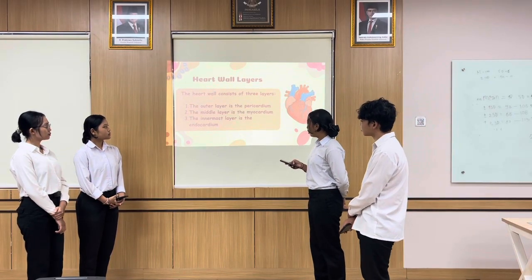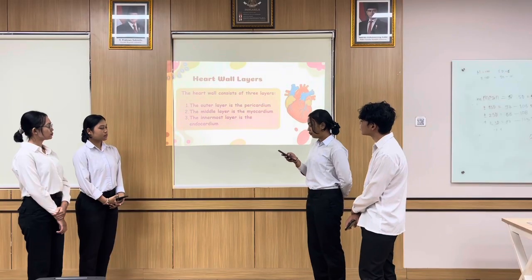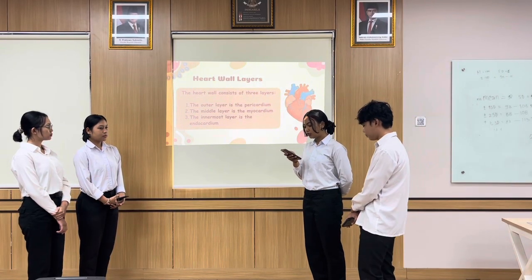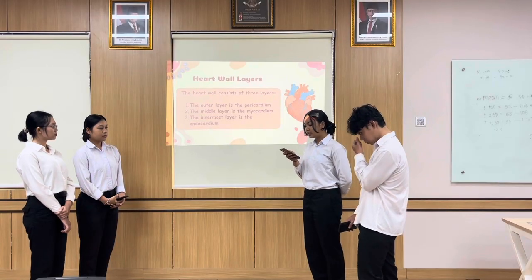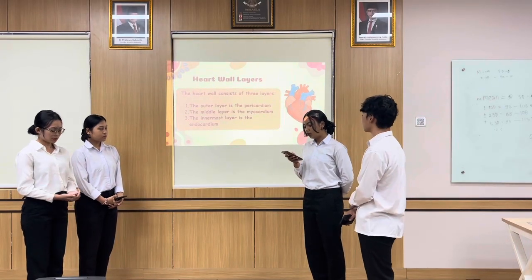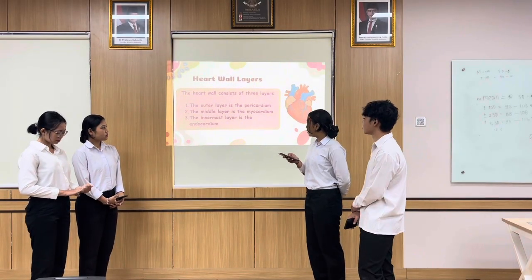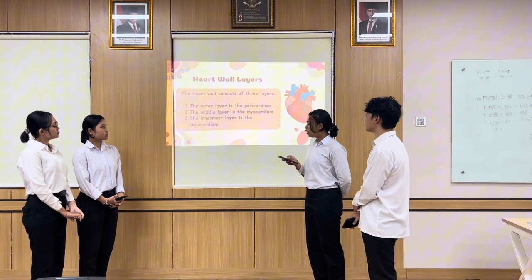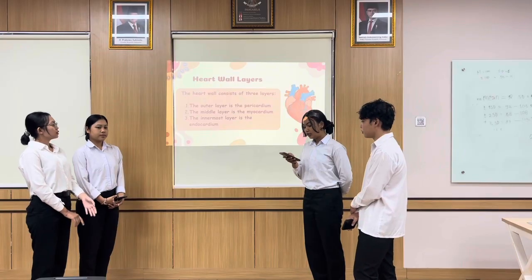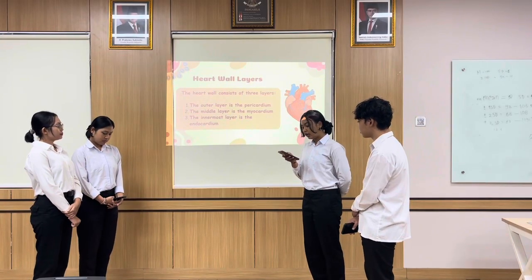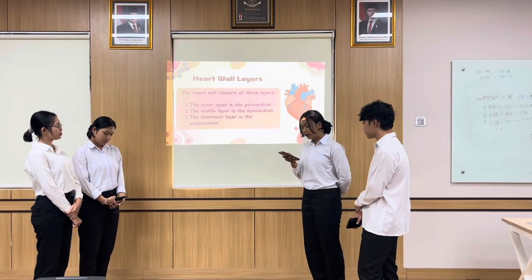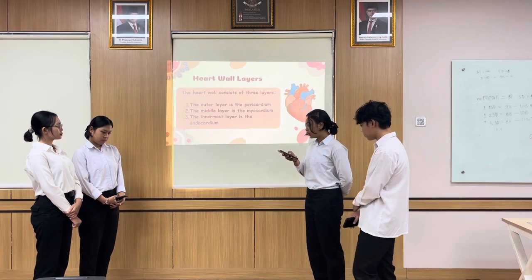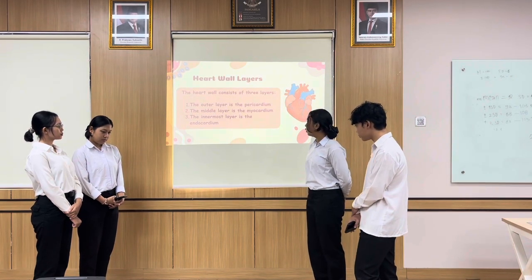The middle layer is the myocardium, which is the heart muscle that pumps and receives blood from the coronary arteries. And the innermost layer is the endocardium. It's a smooth membrane that lines the inside of the ventricles and atria, ensuring smooth blood flow.